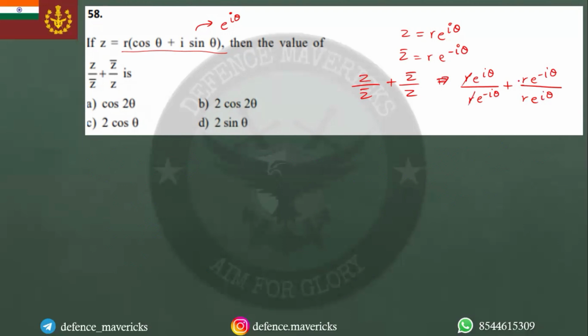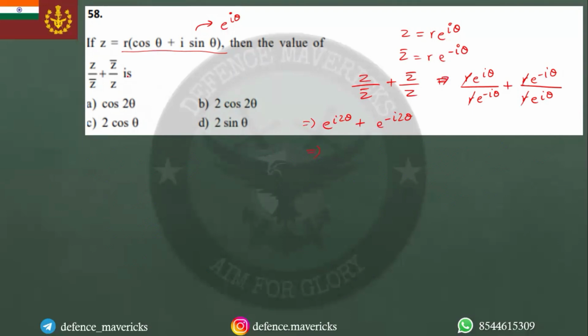The r will cancel everywhere. What will remain is e power i theta; when the denominator goes above, it also becomes e power i theta. So it will become e power i 2 theta. And this will become e power minus i 2 theta, because minus i theta minus i theta will be minus 2. So you all know that.